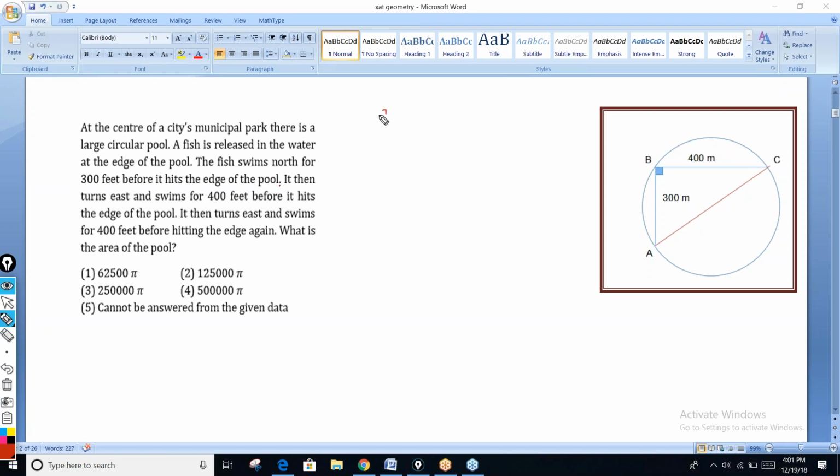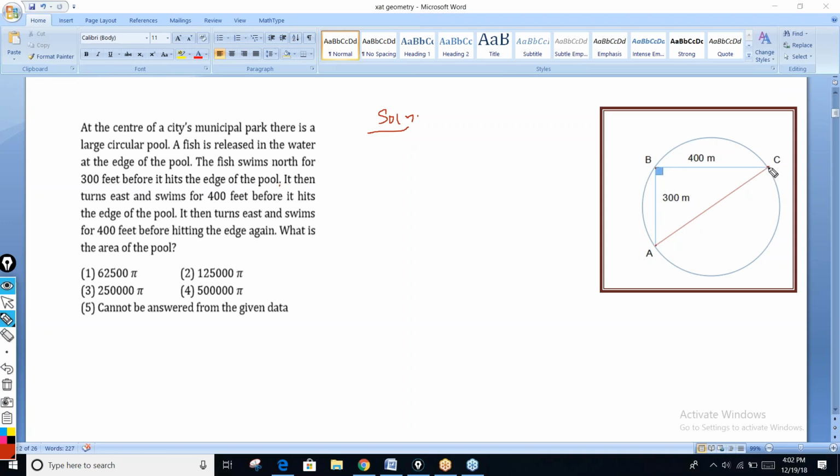So if you can see in the solution, let's say there is a large pool. At this edge, the fish is released and it swims for 300 meter before it hits the pool. Then it says it turns east. Now if it is going that side, east will be that side. It turns that side and swims for 400 feet before it hits the edge of the pool.